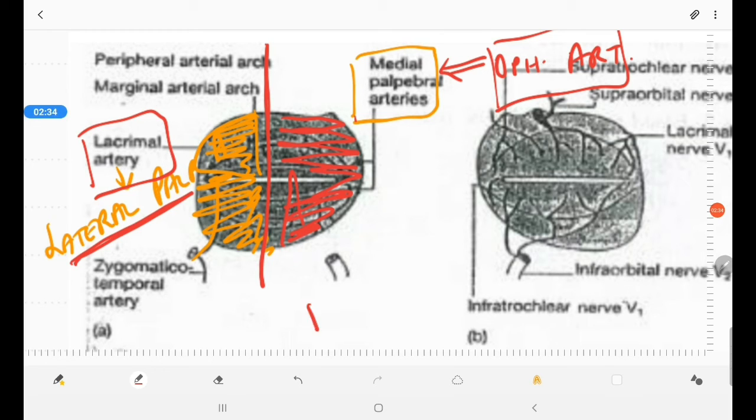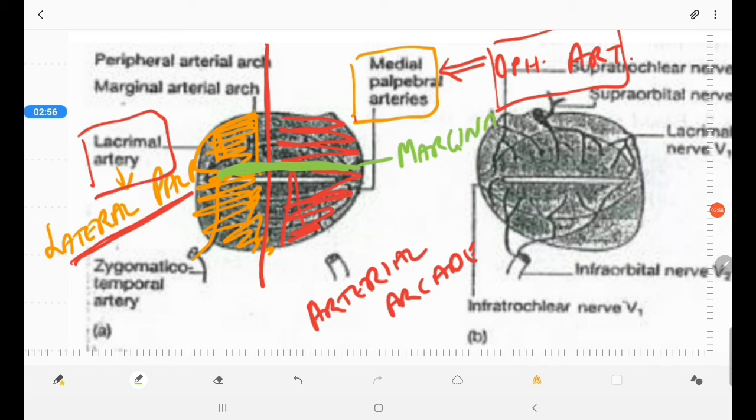With respect to the arterial arcade, we have two arches. One is the marginal arterial arch and the other one is the peripheral arterial arch.